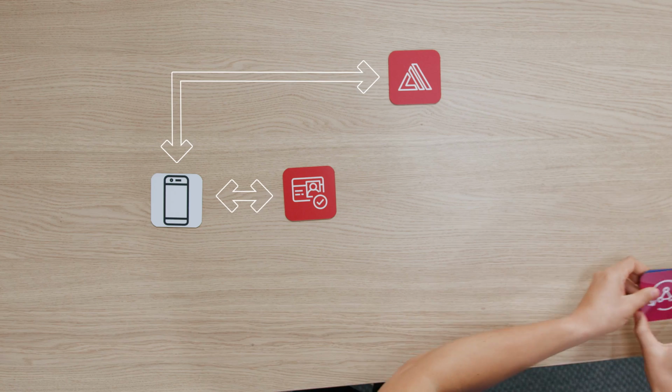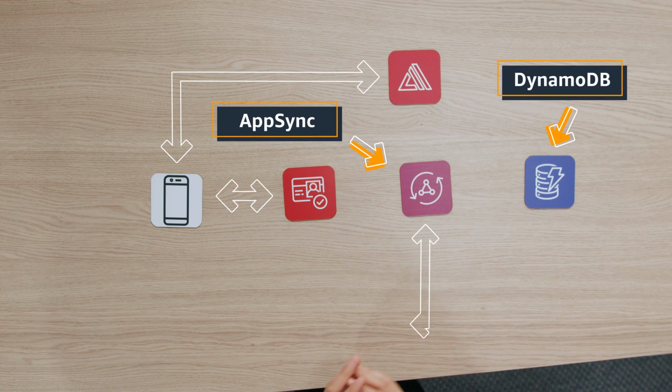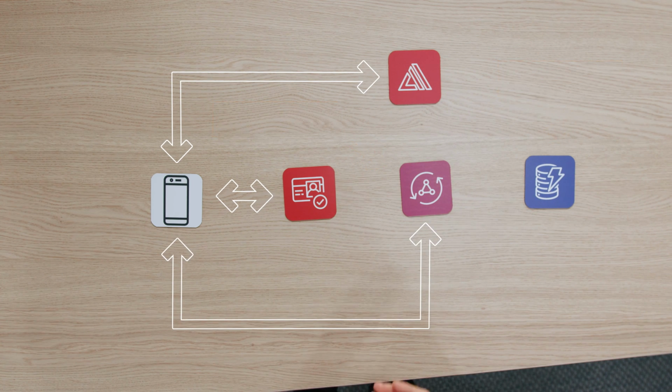Your application will need a backend API to talk to a database to store data. You can use Amplify to provision an AWS AppSync API that is backed by the NoSQL database Amazon DynamoDB. AppSync is a fully managed service that makes it easy to develop GraphQL APIs.